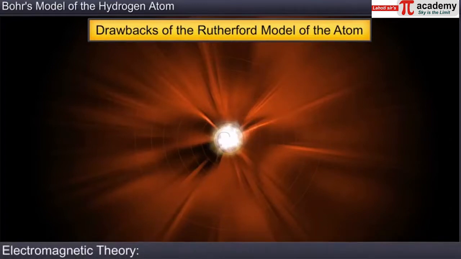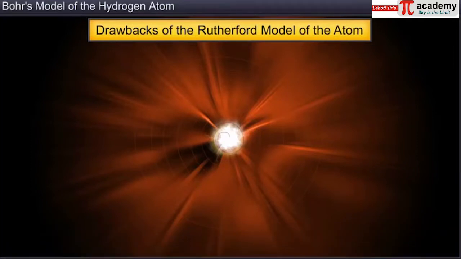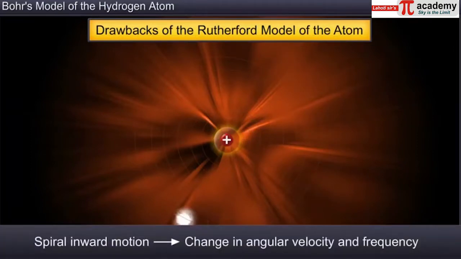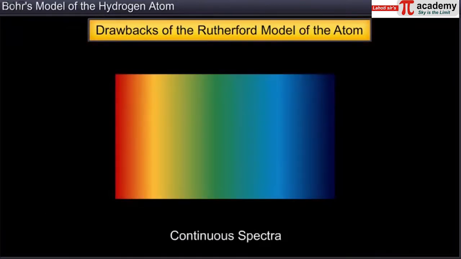Also, the classical electromagnetic theory states that the frequency of electromagnetic waves emitted by the revolving electrons is equal to the frequency of its revolution. As an electron spirals inward, its angular velocity and frequency change continuously, which consequently changes the frequency of the emitted radiation to form continuous spectra.